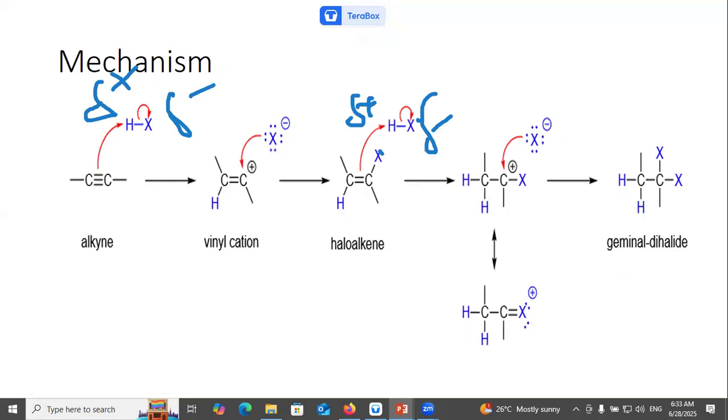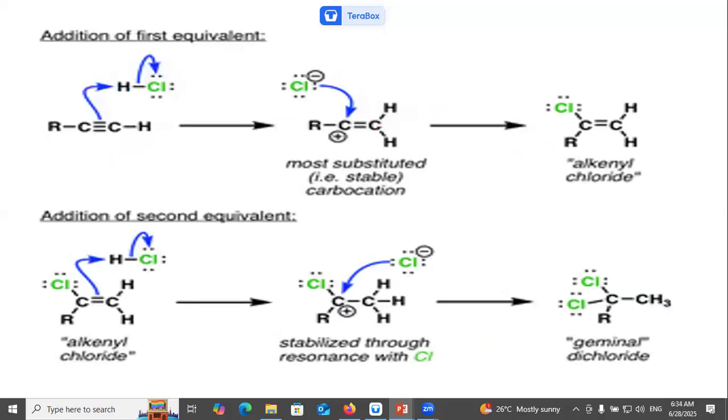Alkyne has higher electron density, so attracts hydrogen, and vinyl cation is formed. The vinyl cation abstracts the halide anion, forming haloalkene, and again attacks another hydrogen halide and forms geminal dihalides. Addition of first equivalent.